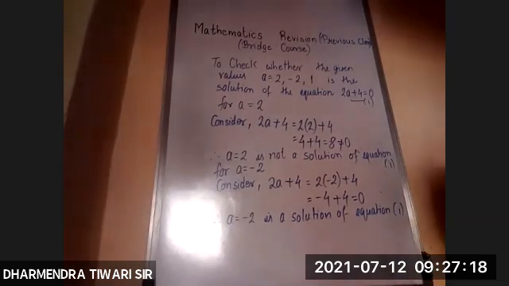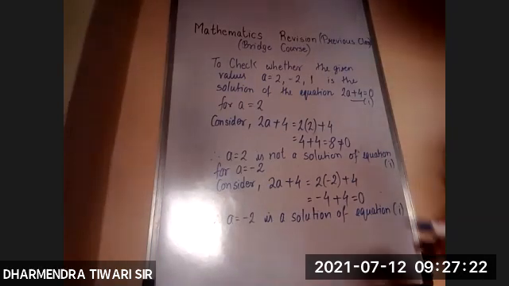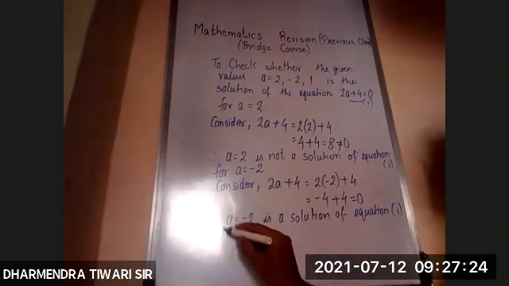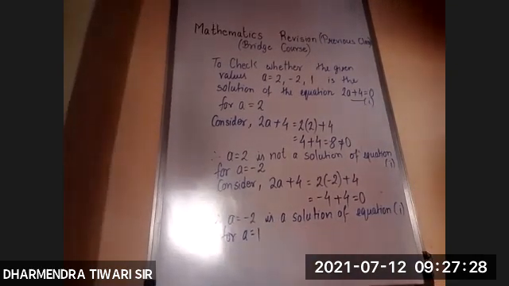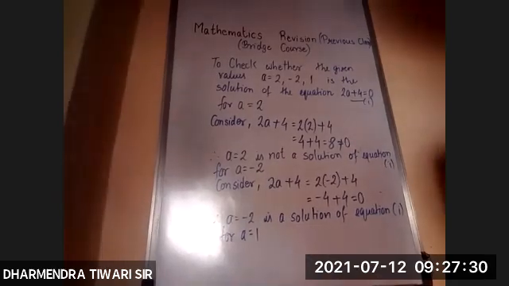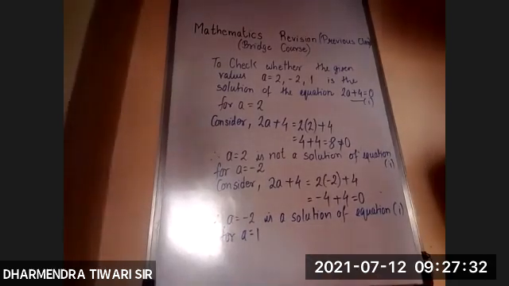Let's check for 1. From here you will understand that any equation in one variable always has a unique solution. It won't have more than one solution. You can see here.